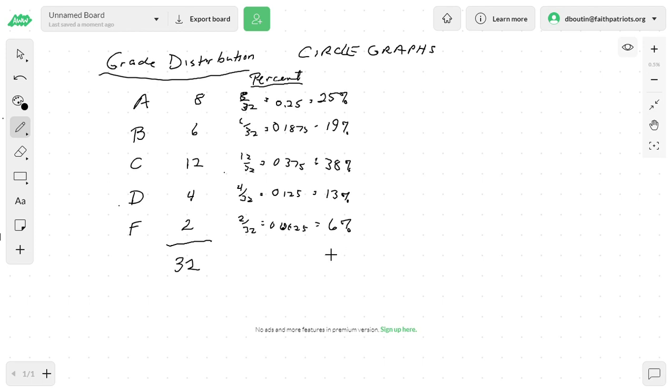Ideally, if I didn't have any rounding going on, these percents would total 100%, or all 32 out of 32 of the students. So I might be off. It looks like I am. It looks like mine are totaling 101% by the time all the rounding is said and done.